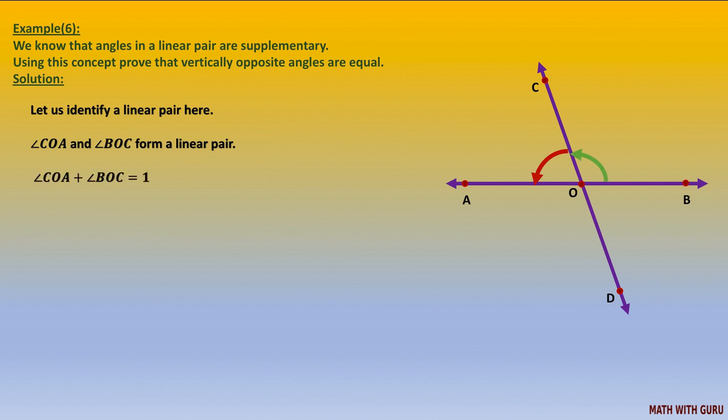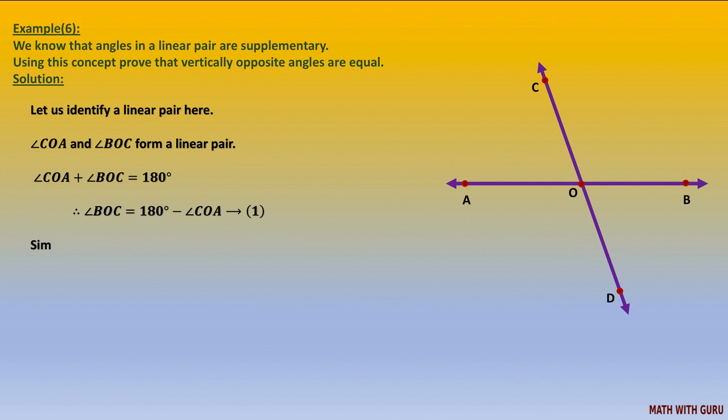Now, their sum must be equal to 180 degrees. Transforming this equation, we get angle BOC equals 180 degrees minus angle COA. I have brought angle COA to the right side. Let us take this as equation 1, result 1.